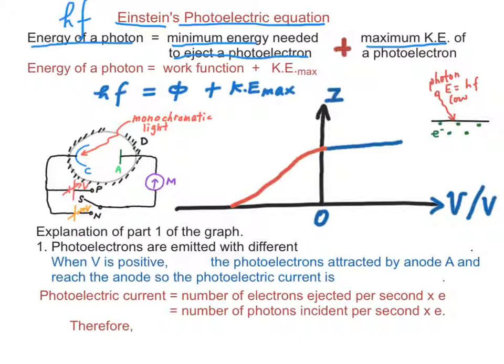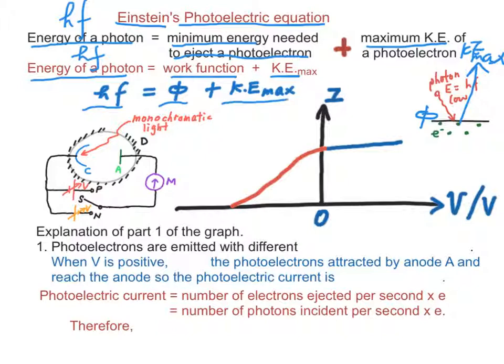In other words, the energy of a photon hf equals the work function of the metal phi plus the maximum kinetic energy of a photoelectron. Hence, we have the equation hf equal to phi plus KE maximum.